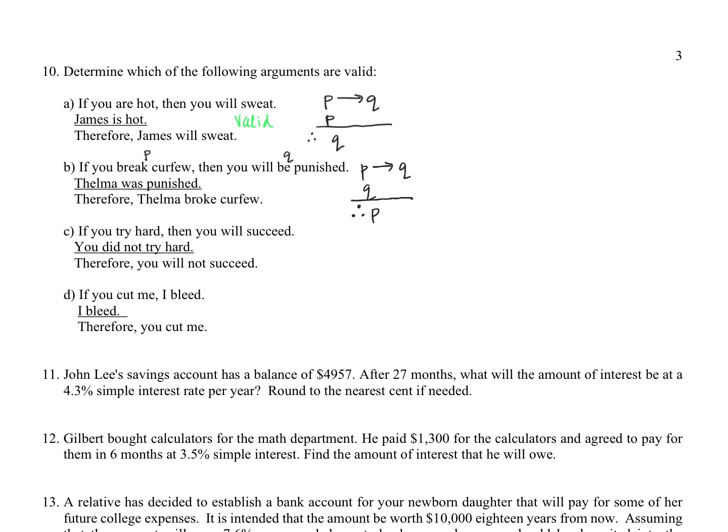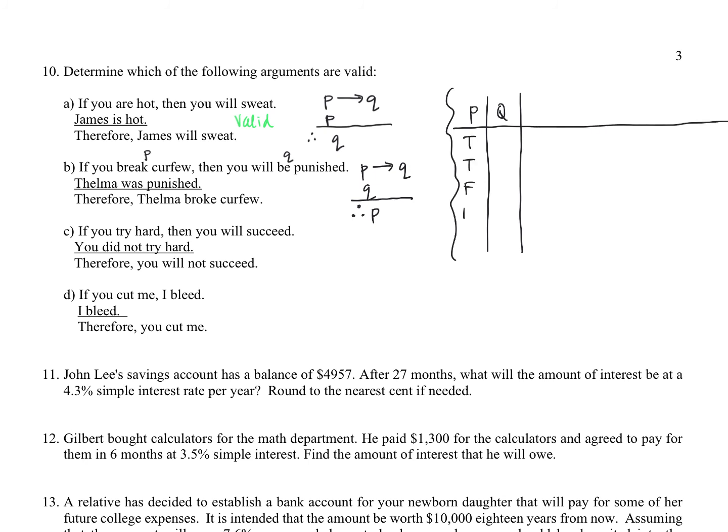All right, so we're going to have P, we're going to have Q. So we start by doing true, true, false, false, true, false, true, false.